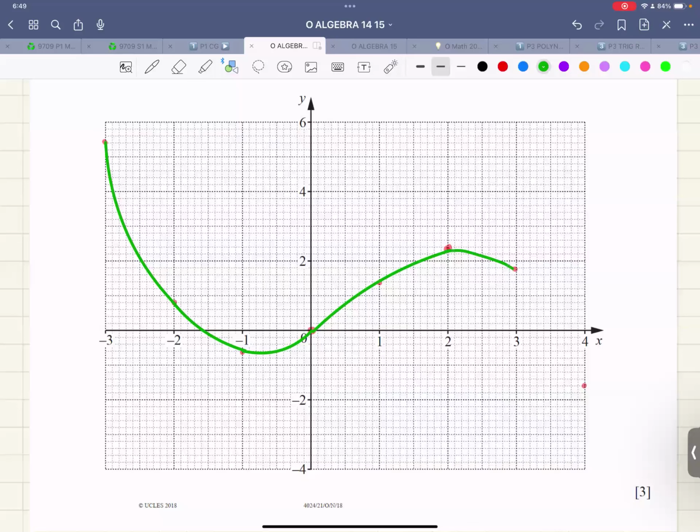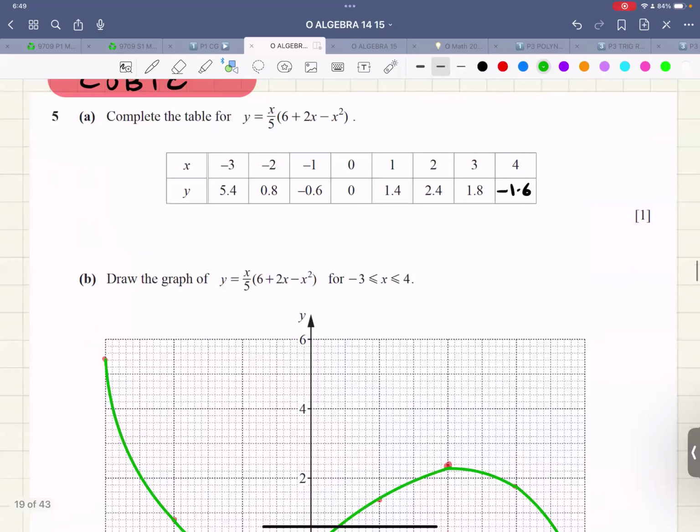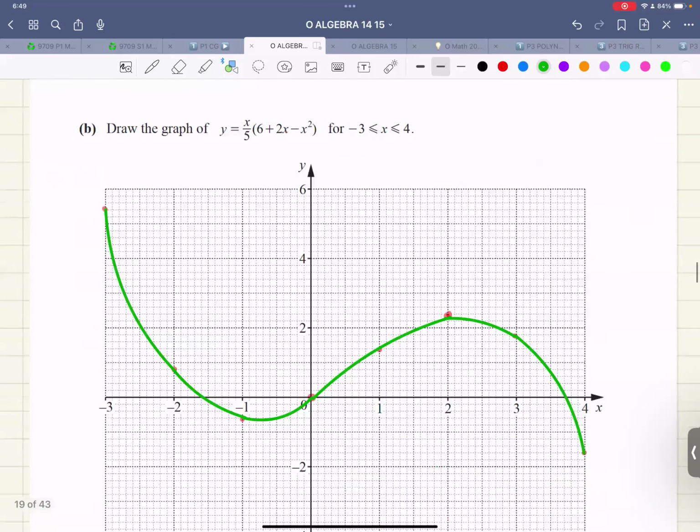Okay, good enough. So that's the graph of y is equal to x cubed, this cubic graph drawn from negative 3 to 4.